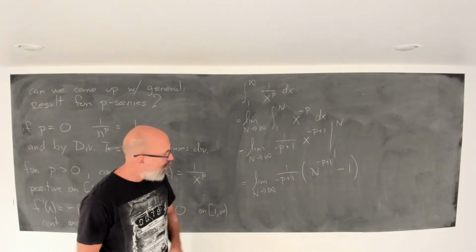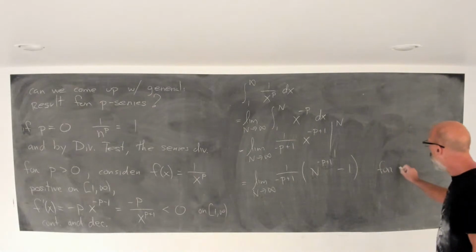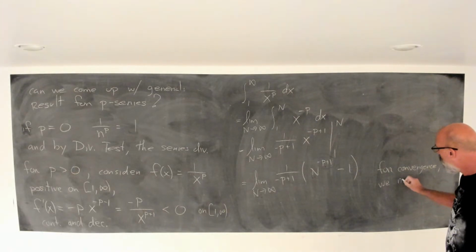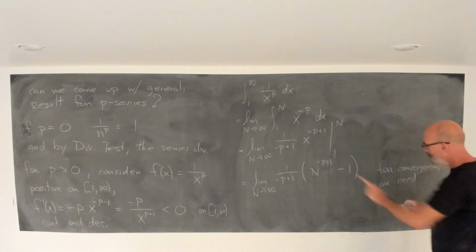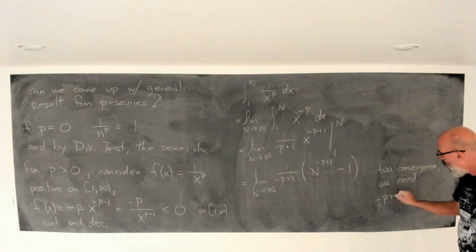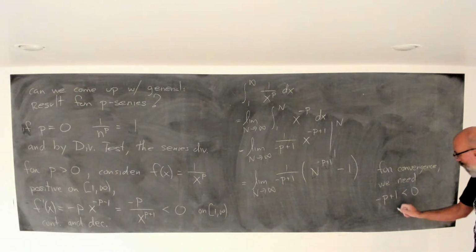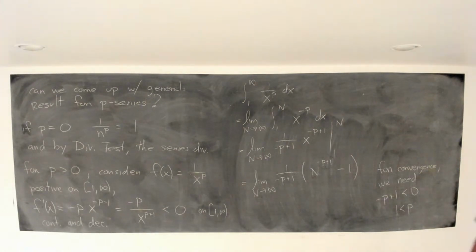So for convergence, we need a negative exponent for the n. So we need minus p plus 1 to be negative, or p to be bigger than 1.